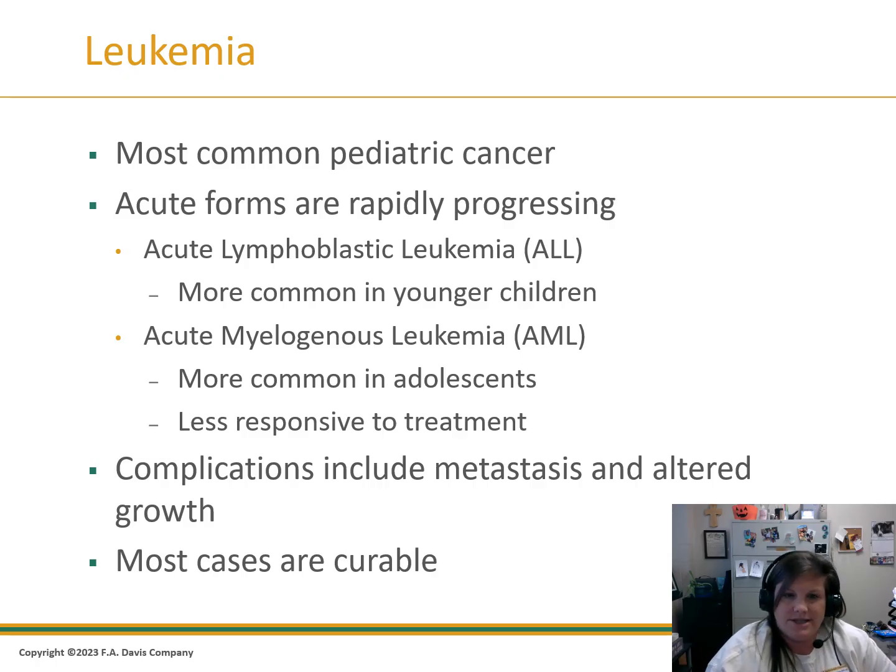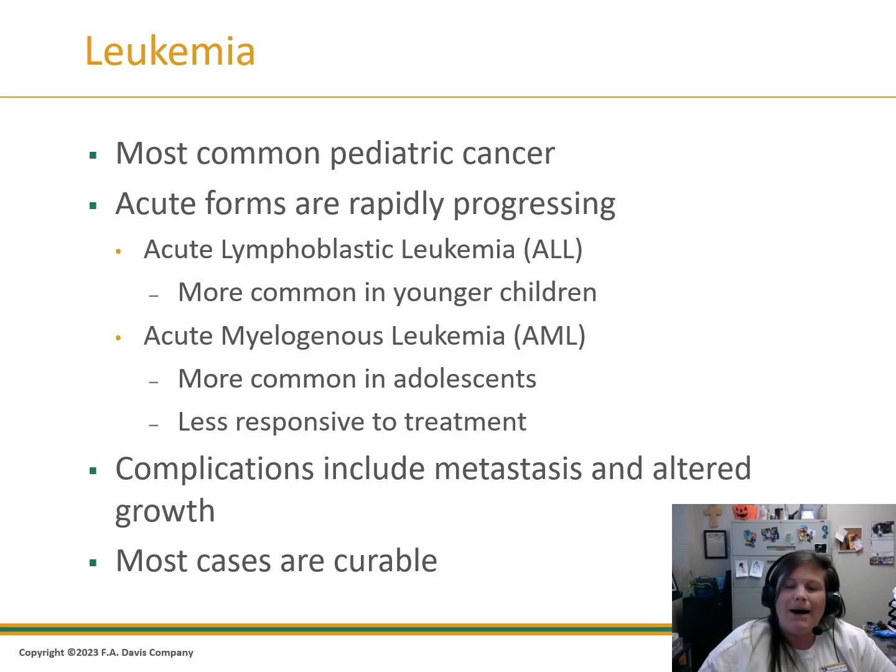The acute forms of leukemia are rapidly progressing. The difference in them is where in the body they occur, but also typically what age children they affect. So one example is acute lymphoblastic leukemia, which we abbreviate ALL. This is more common in your younger child. So our younger pediatric patients typically exhibit this form.